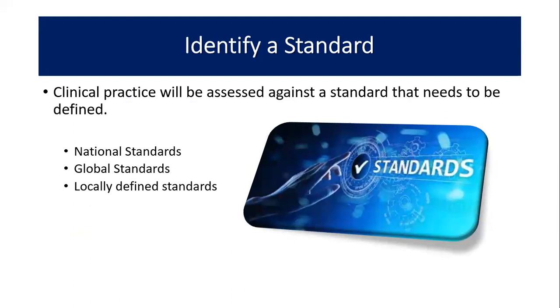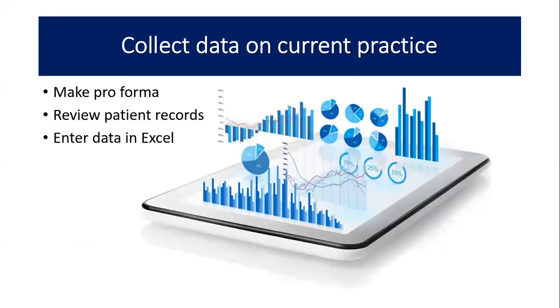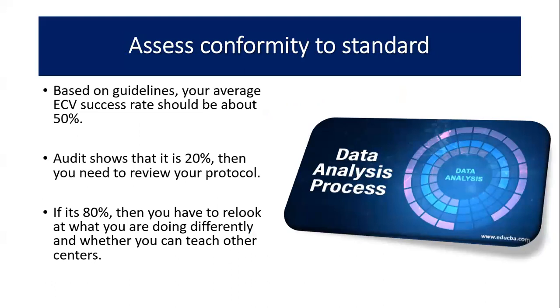So the standards could be national standards, global standards, or sometimes there are no standards, so you have to locally define a standard. And then once you have a standard, you start collecting data from your current practice. So you review patient records, make a pro forma, and just enter everything in Excel. And once you're done, you analyze the data. So for example, based on ECV guidelines, your average ECV success rate should be about 50%.